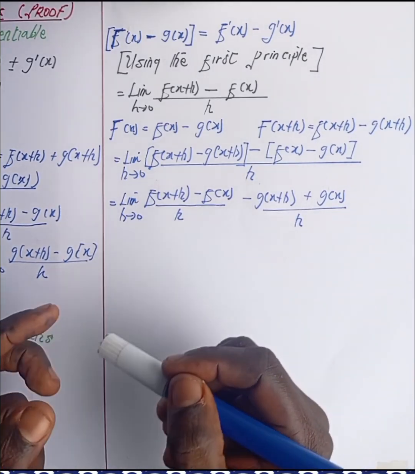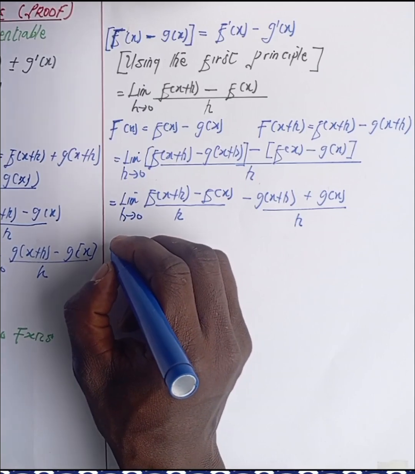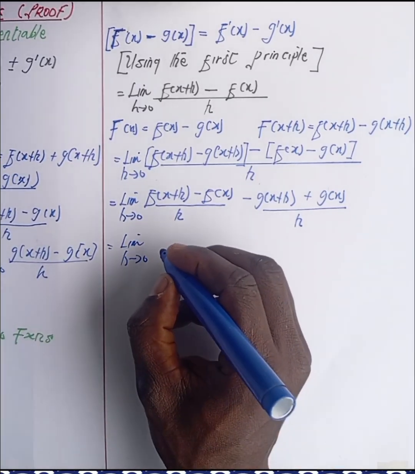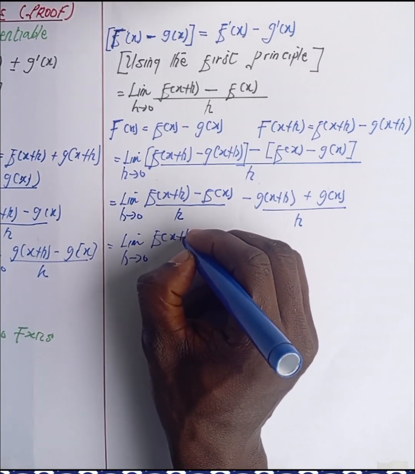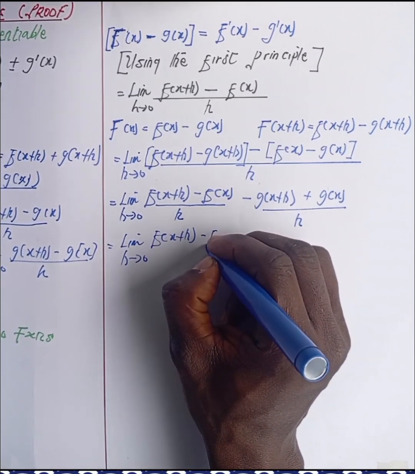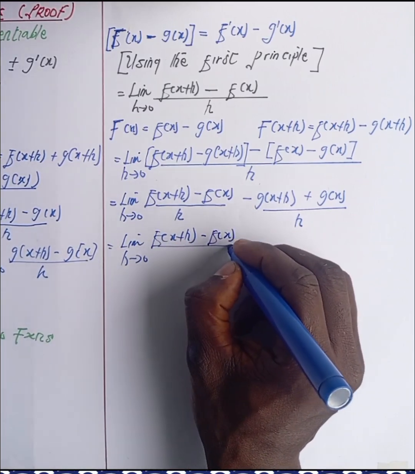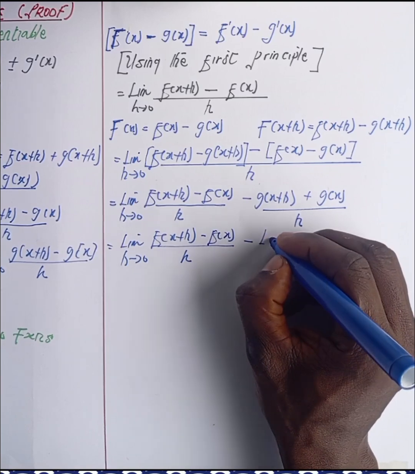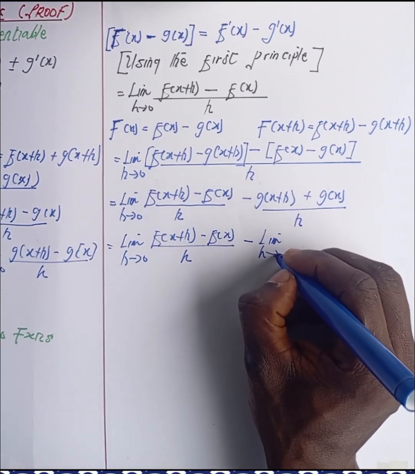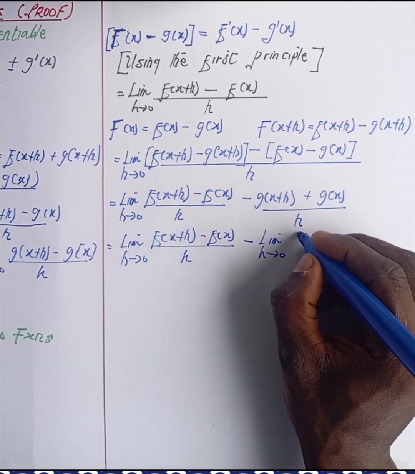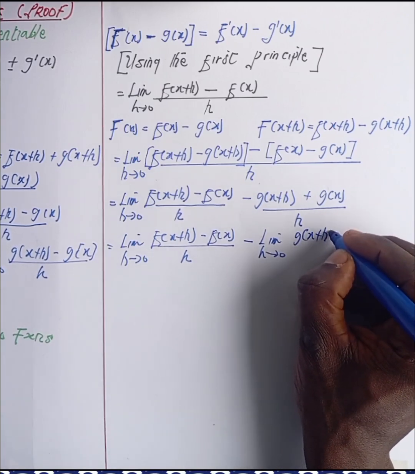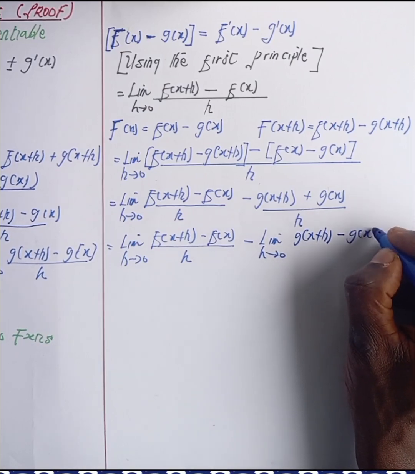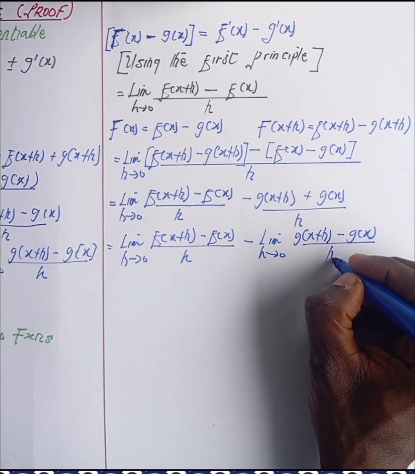Now let's factorize the negative out so that we are going to have the limit as h approaches 0 of f at x plus h minus f at x all over h. Let's take the limit too. So we have minus the limit as h approaches 0 of g at x plus h minus g at x all over h. We factored the negative first.